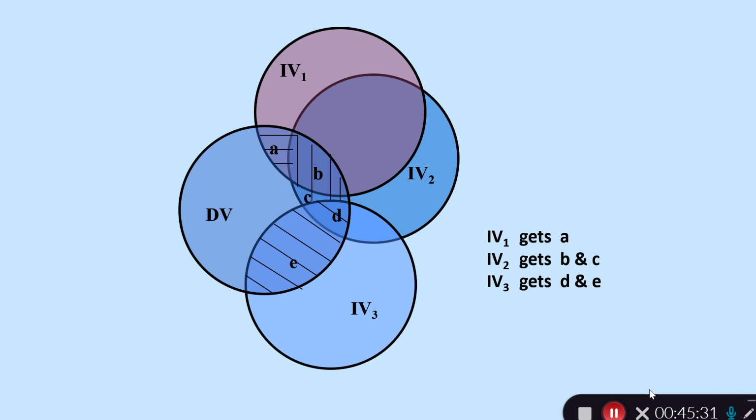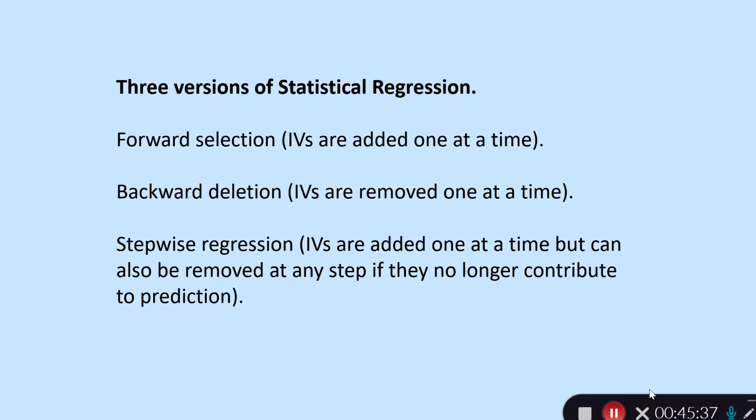Okay, so when you're doing statistical regression, the most common term you'll hear it referred to as is stepwise regression, but there are actually 3 versions of statistical regression. There's what's known as forward selection, where IVs are added one at a time based on the correlation. There's backwards deletion, where you put everything in and then IVs are removed one at a time based on the extent to which they correlate.